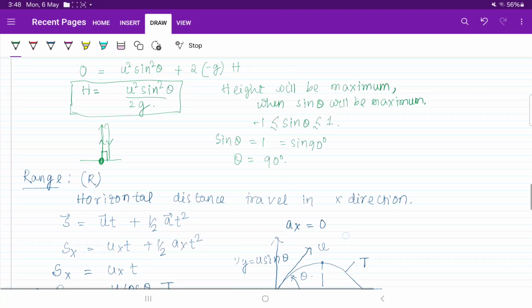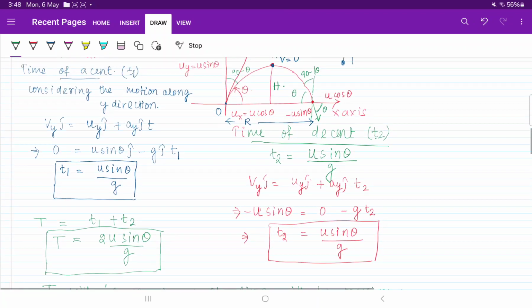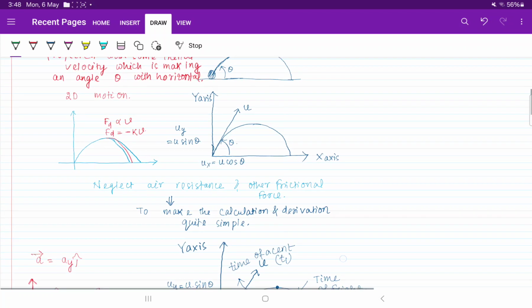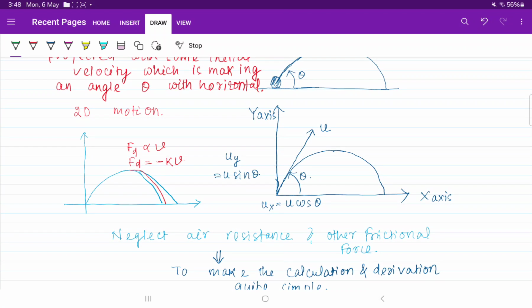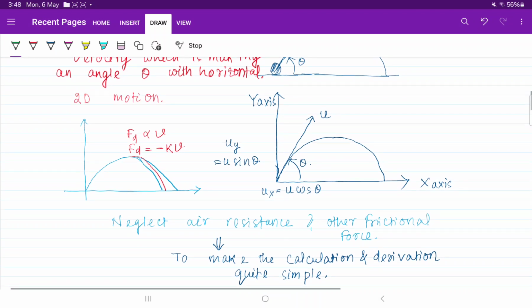And some important tasks that we are giving to all of you: in the starting lecture we have clearly written that we have neglected the air resistance and other frictional force in this case to make the calculation simpler. But for your curiosity and enhancement of your knowledge, you can also introduce the frictional force into this problem, try to solve the equation of motion and compare the trajectory for this case also.